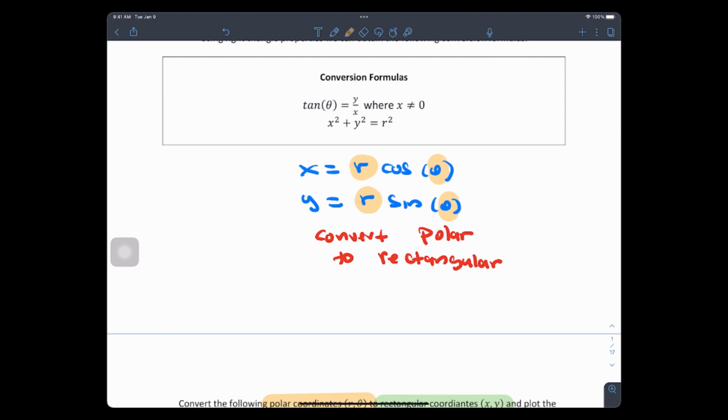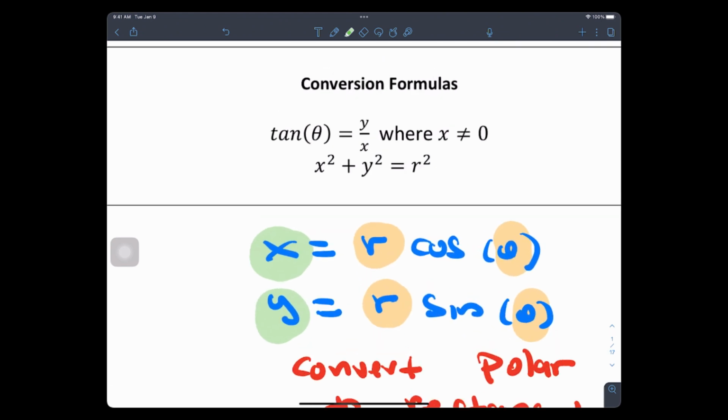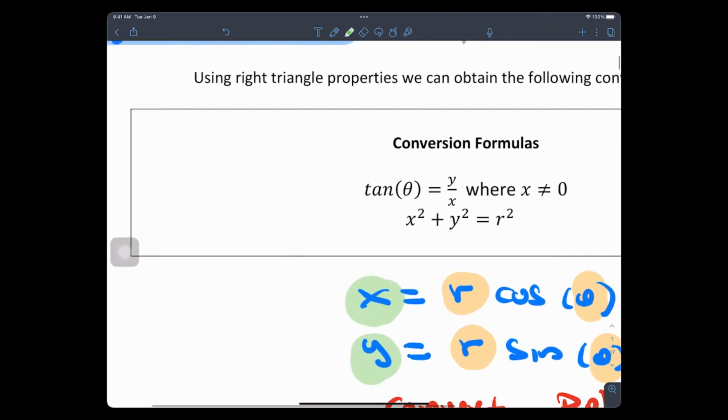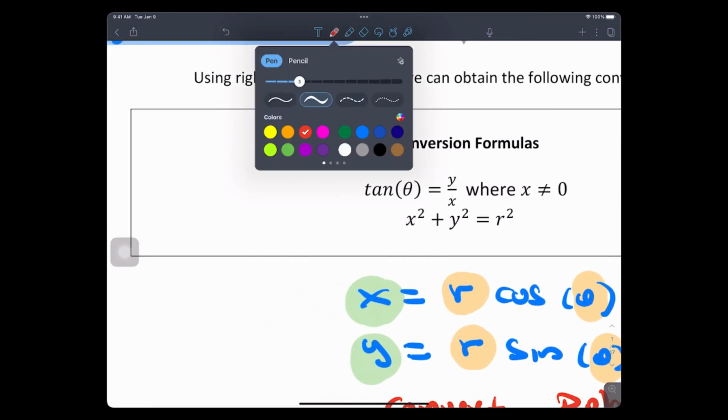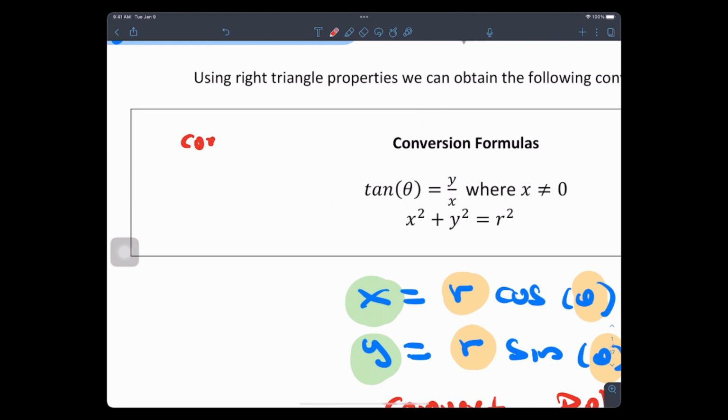You're going to get the X and Y values now with this. This first formula, you say, well, what about the first formula? Well, that's when you convert polar to what? Rectangular.